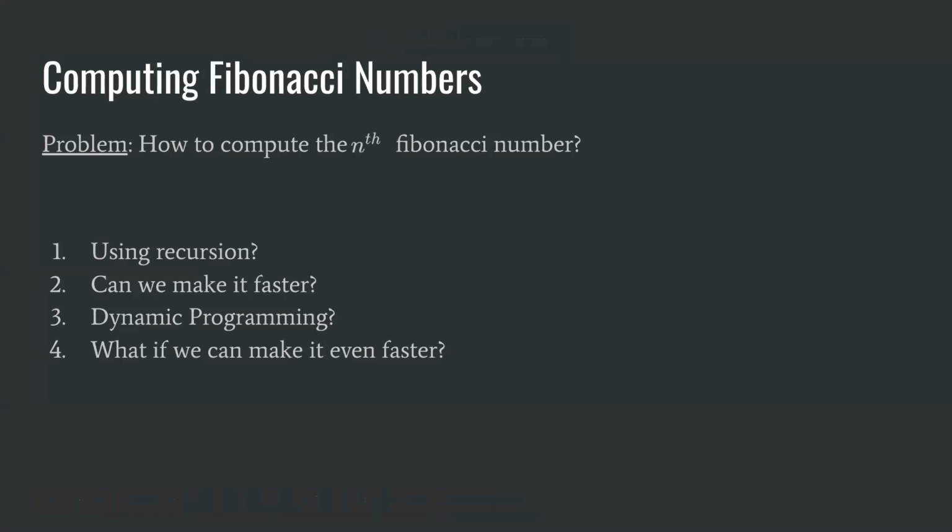So what are Fibonacci numbers? Fibonacci numbers are numbers you get by adding the previous two. Consider 0 and 1 as the first two numbers of the sequence.